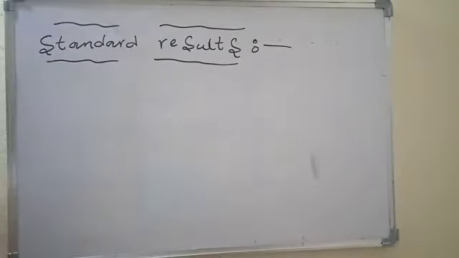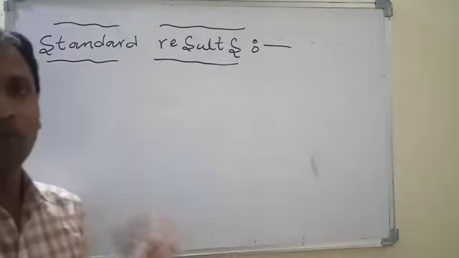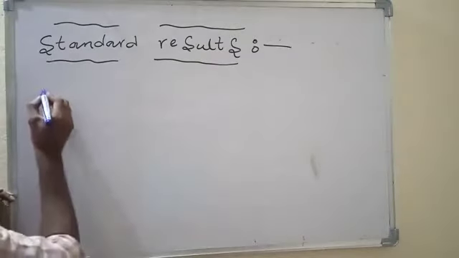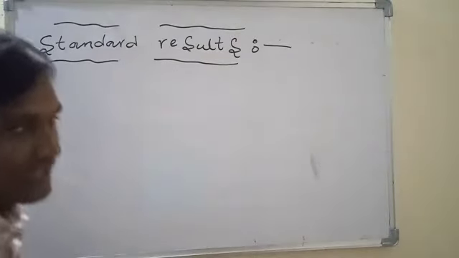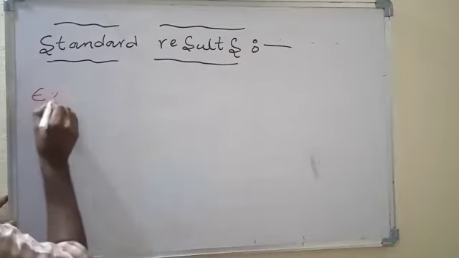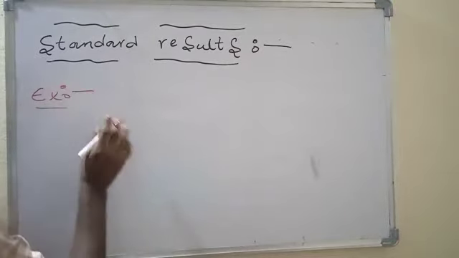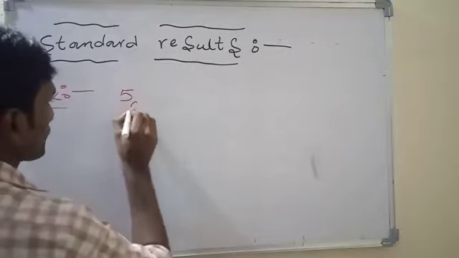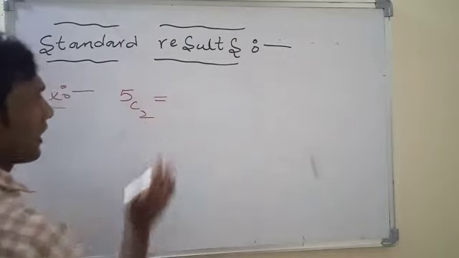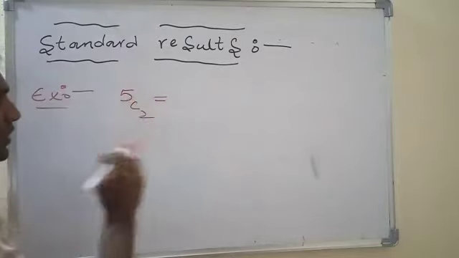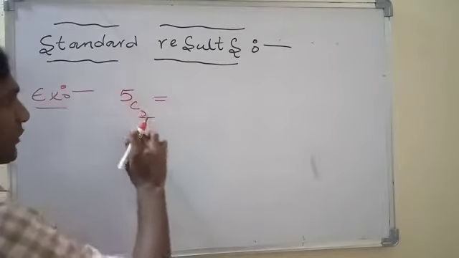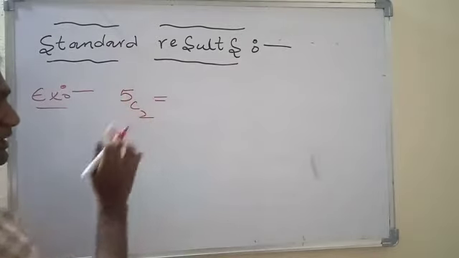Now see the example on the formula of nCr. Suppose the given binomial coefficient is like this. Find the value of 5C2. It is in the form of nCr.